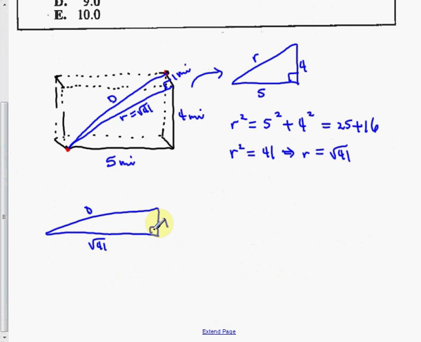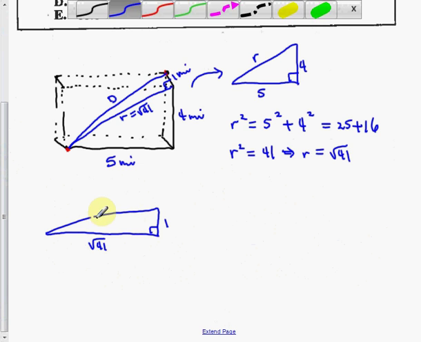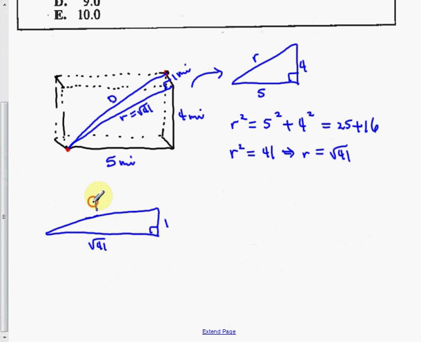So again, another right triangle. So we have D squared, according to the Pythagorean theorem, is equal to that square root of 41 squared, plus 1 squared. So D squared is equal to 41 plus 1.